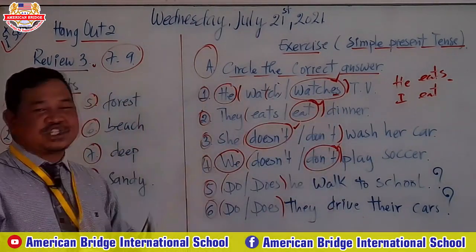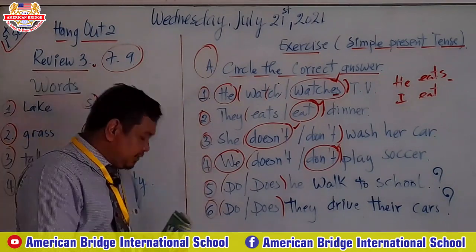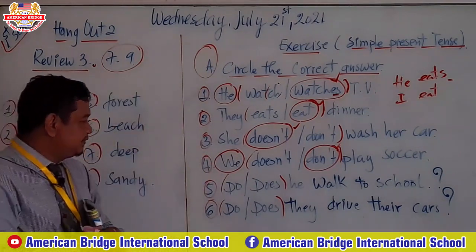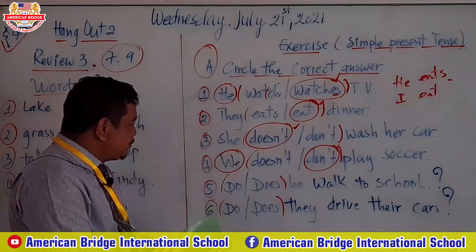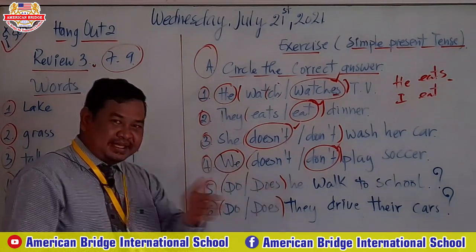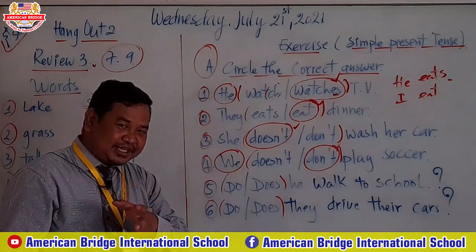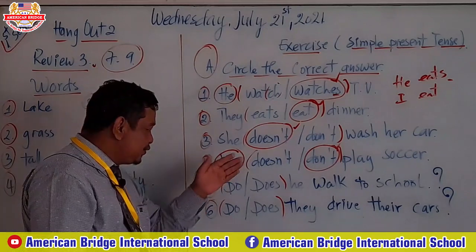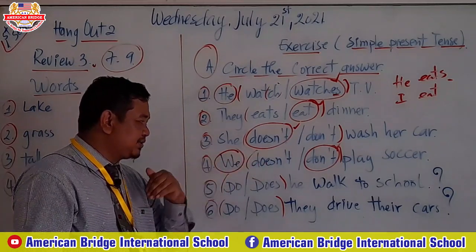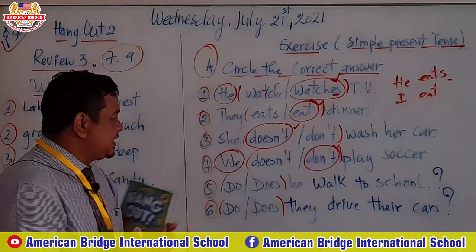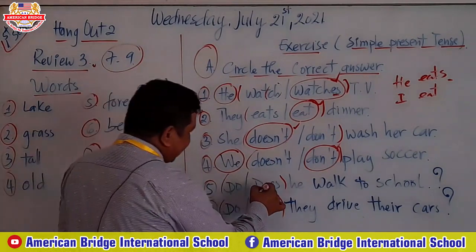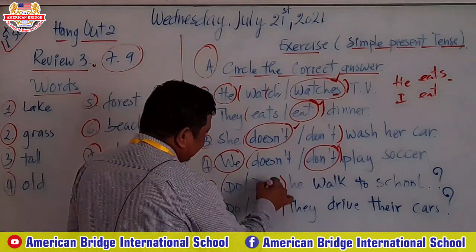We don't play soccer. And move to the other one, student. Number 5: do he or does he walk to school? I taught you already, right? You have learned already. It should be does he.